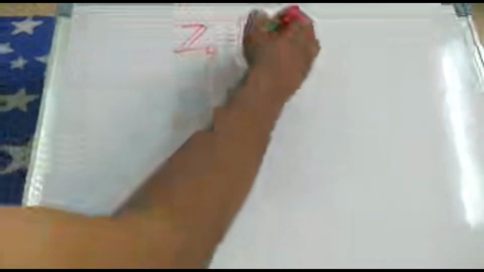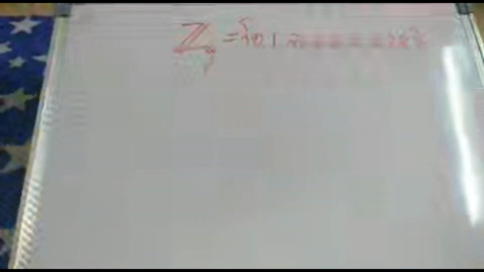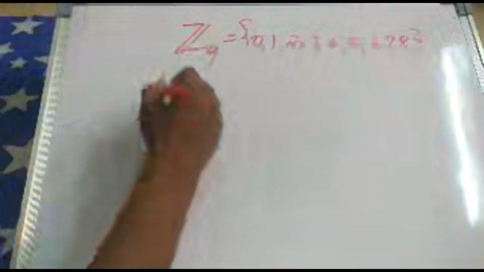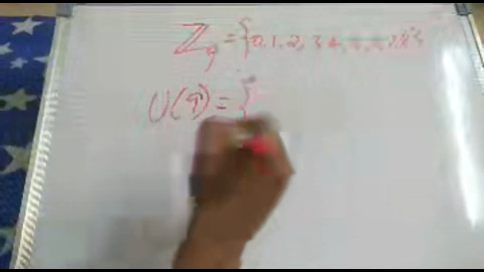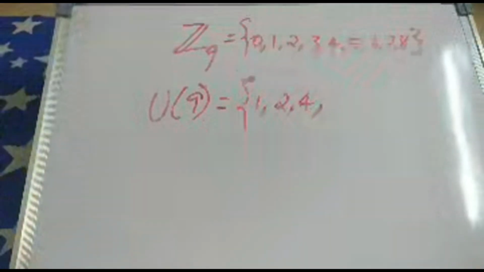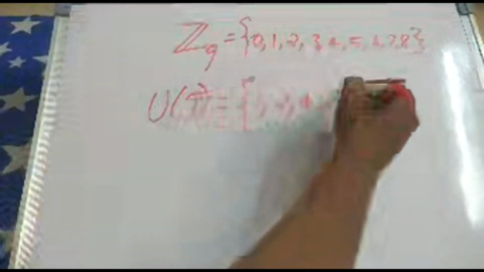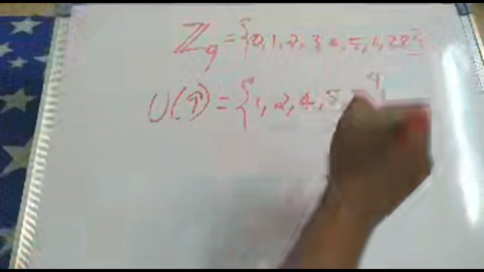Now, maybe I will leave it to you for calculating it now. Consider Z9. Z9 will have 0, 1, 2, 3, 4, 5, 6, 7, 8. Now, find U of 9. U of 9 will have 1, 2, 4, 5, 7, 8.